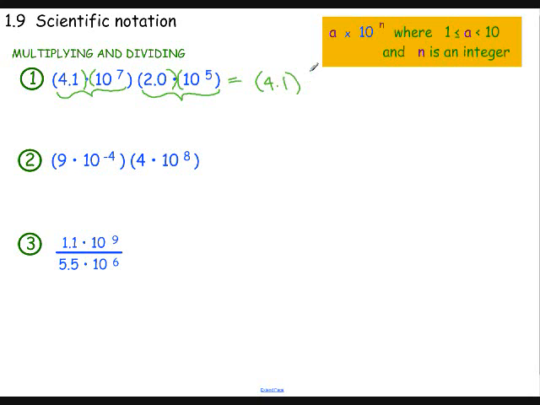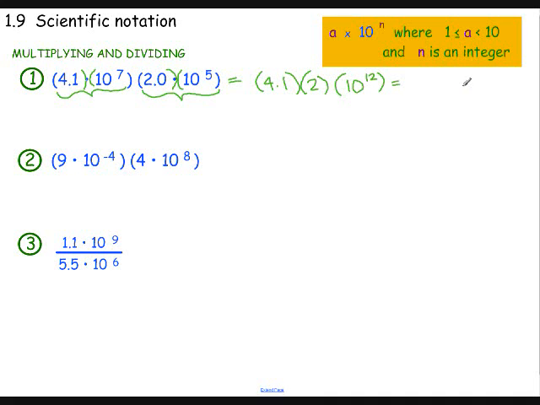4.1 times 2, and then we'll take the base 10 and multiply these together. Now we know when we have the same base, which we do, what do we do with these exponents? Add them.